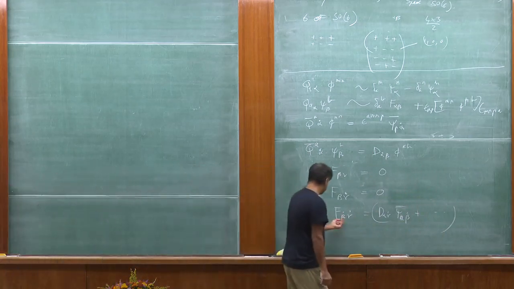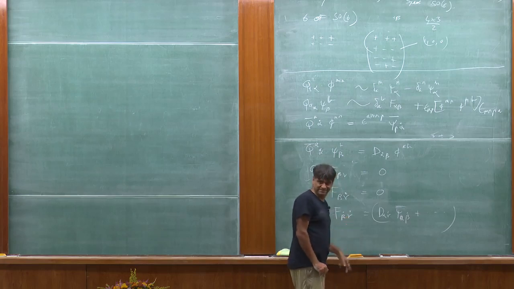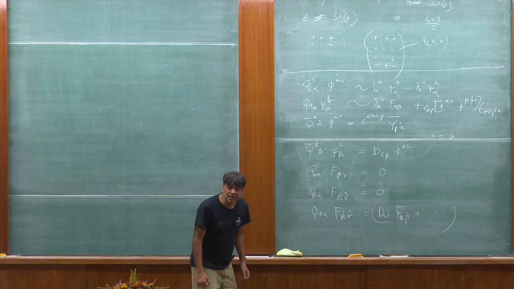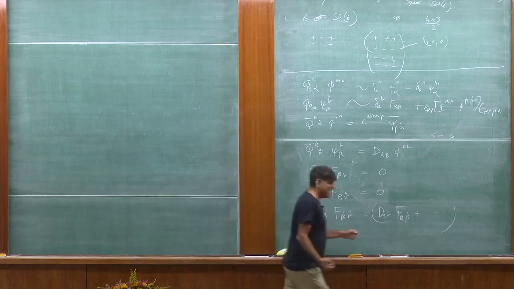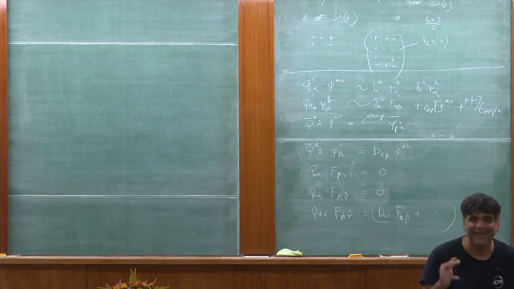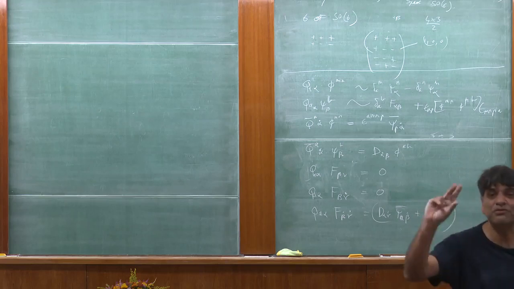It will be plus here because these were symmetric. F is antisymmetric if thought of in terms of mu indices. But when you think of it in terms of SU2 indices, it's a vector made out of two spinors.